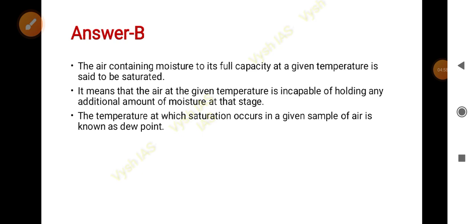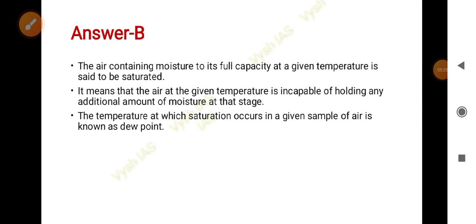Obviously the name is self explanatory. The air containing moisture to its full capacity becomes saturated. Anything that has attained the full capacity cannot dissolve something further, so it is called saturation. So the air that contains full moisture and can no more hold any more moisture is saturated.